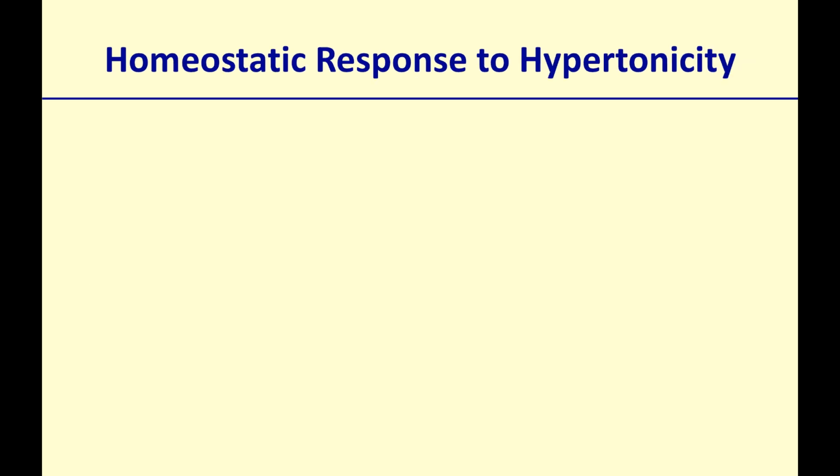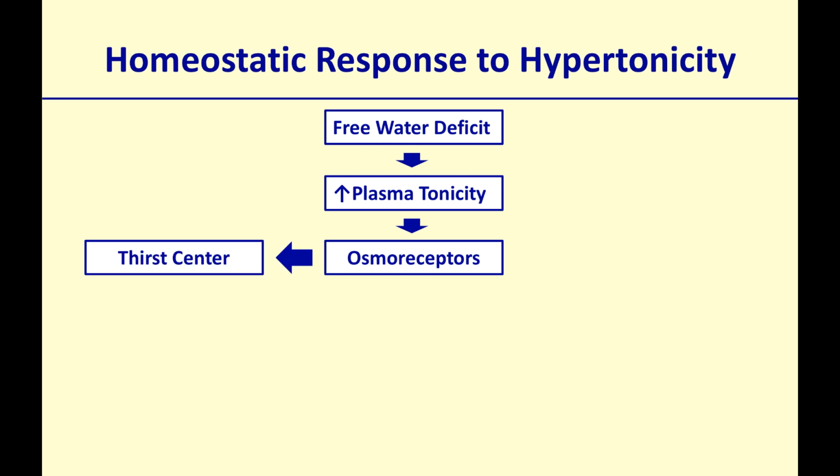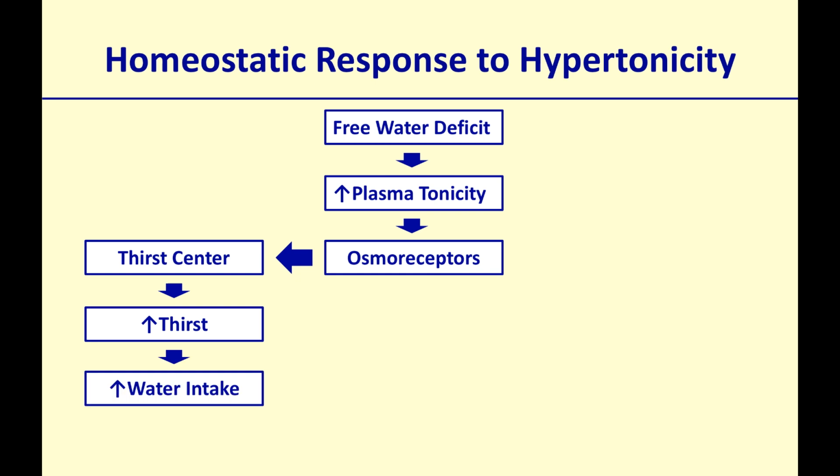So what is the homeostatic response to hypertonicity? When you have hypertonicity, it's implicit that there is a free water deficit, which is causing high plasma tonicity, and that's going to be stimulating the osmoreceptors, which will stimulate the thirst center to increase thirst and drink more water.